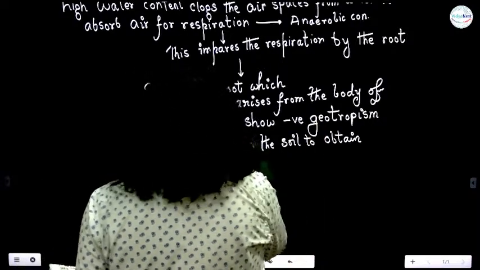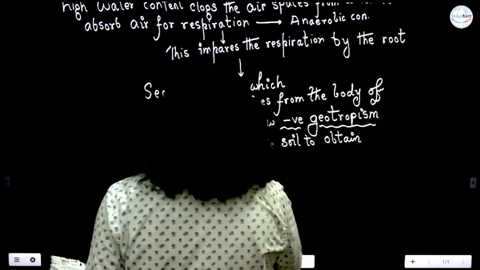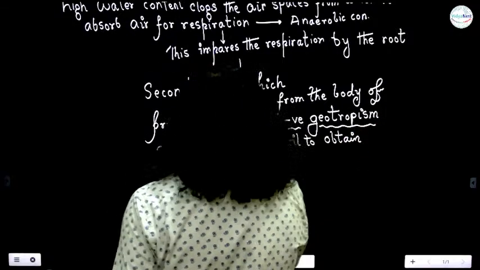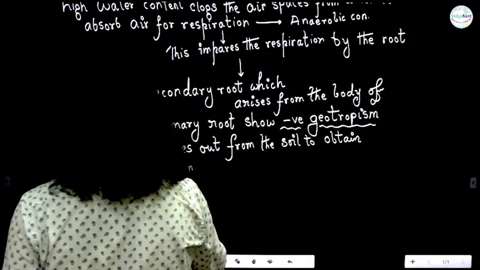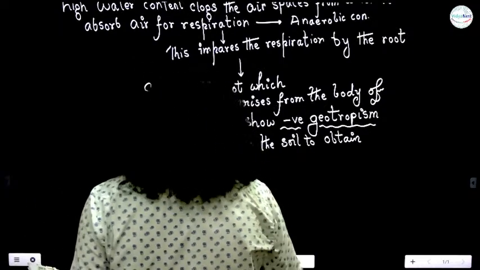Here the secondary root shows negative geotropism.